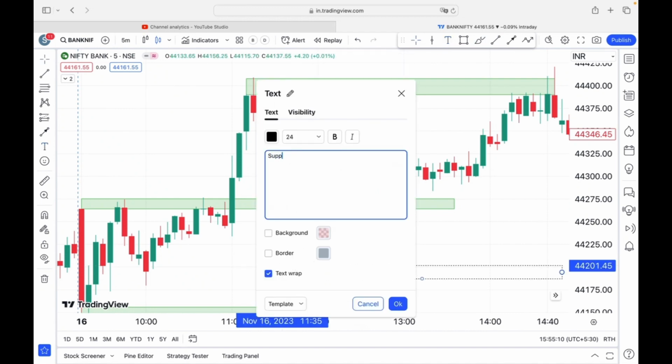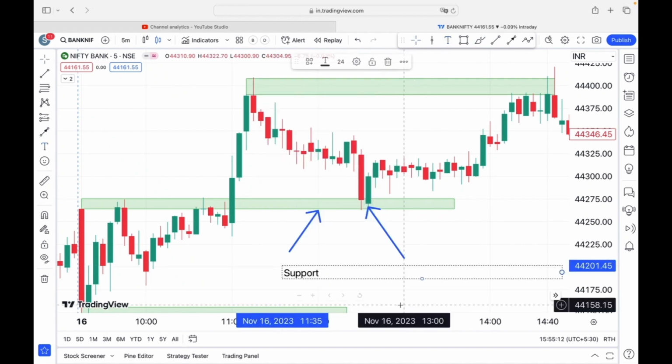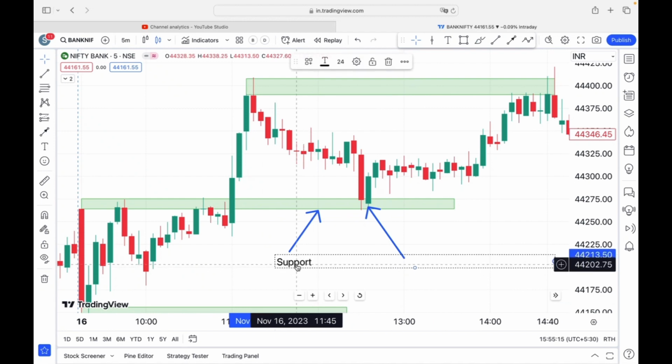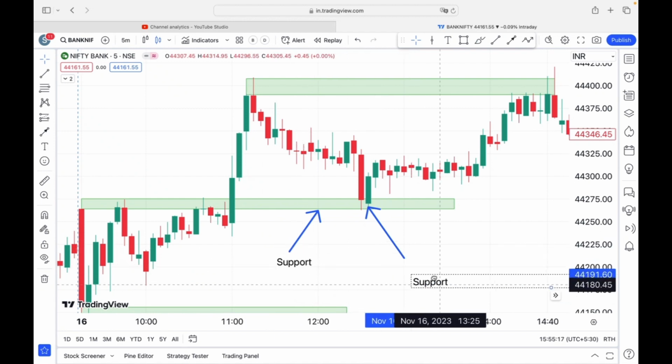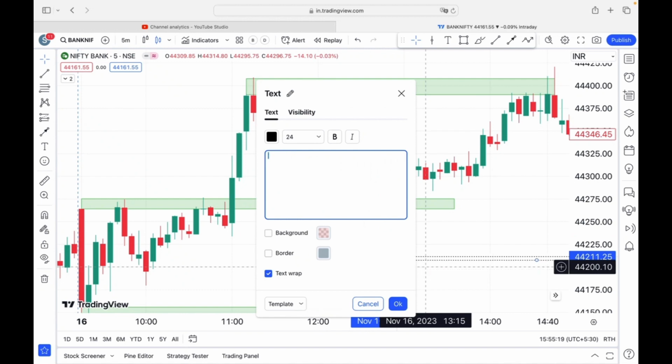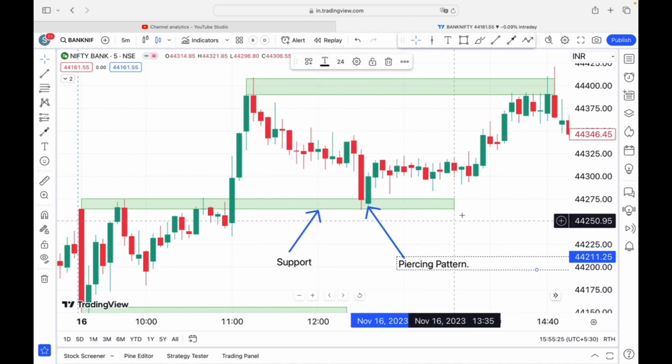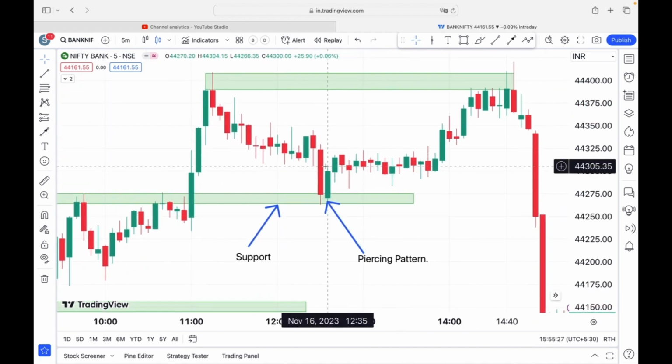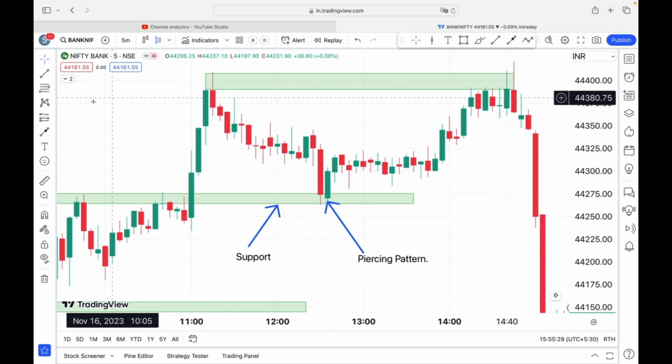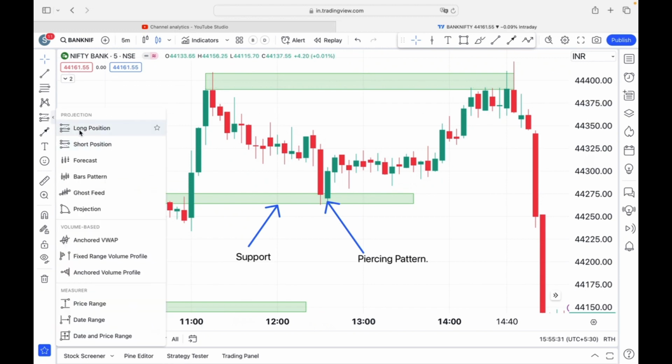Let me write those there. So we have the support, and then we have the piercing pattern there, and then we also have a good risk versus reward ratio that is still there. So let's check what the market has done after that.